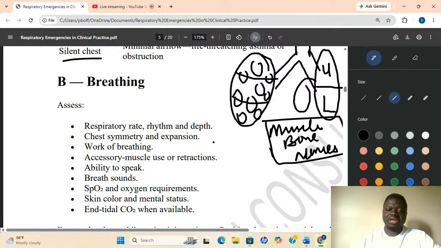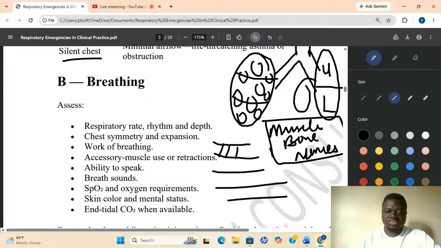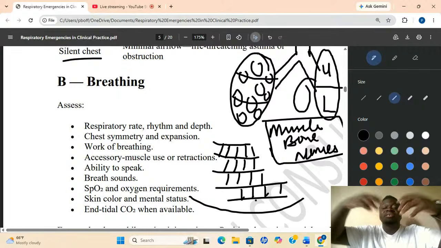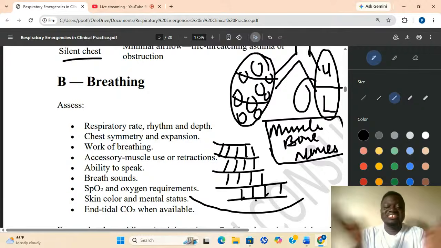We have the bones here, and we have the muscles in between. The muscles in between the bones are called the intercostal muscles. Then the diaphragm. These three should be able to help you breathe. You don't need any help.